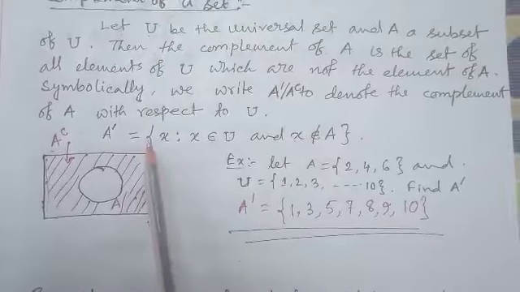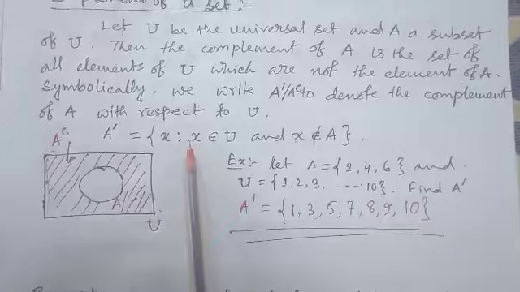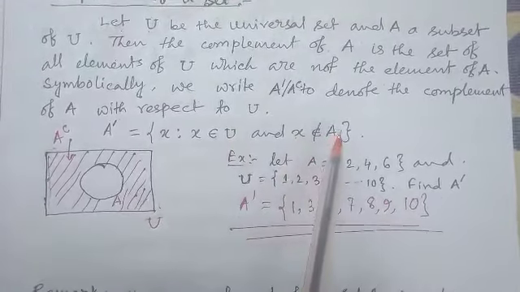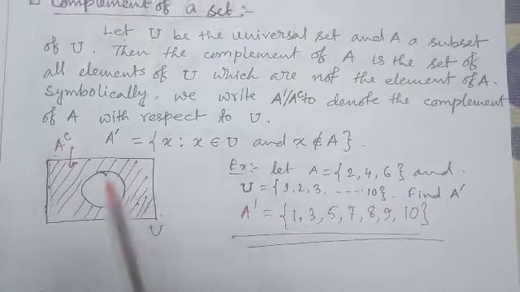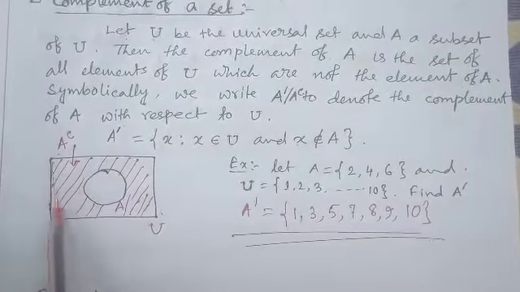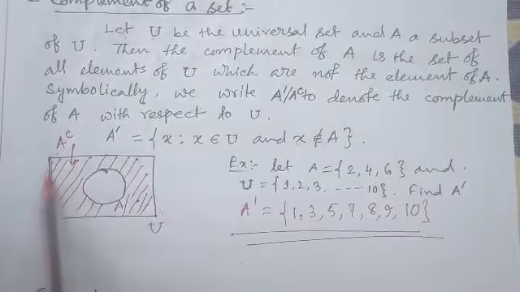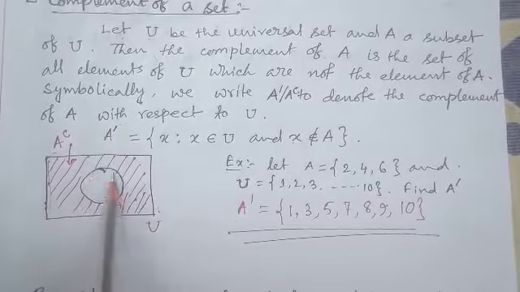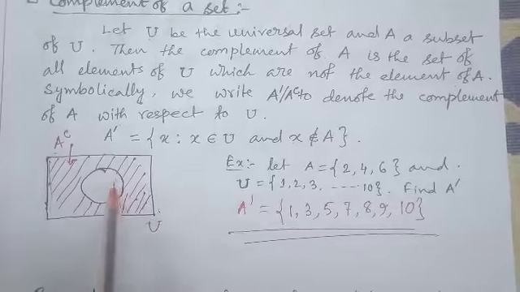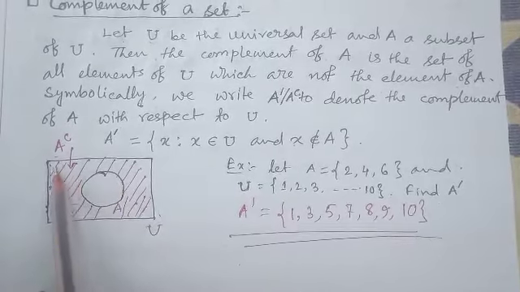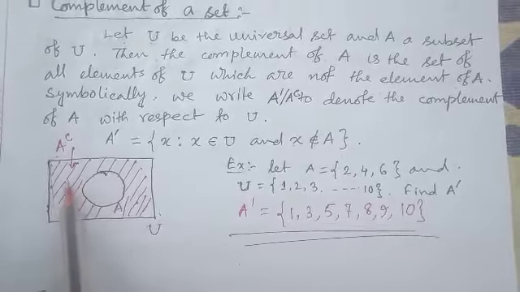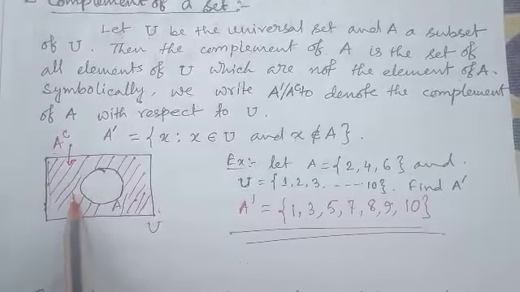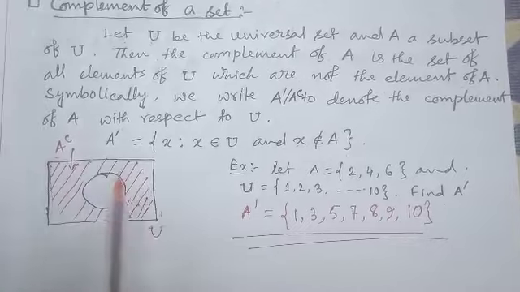Here A complement equals X such that X belongs to the universal set and X does not belong to set A. Here is the Venn diagram representation of it, where U is the universal set and A is any set inside it. And you see here, the A complement portion means everything except A, that means the red shaded portion is your A complement portion.